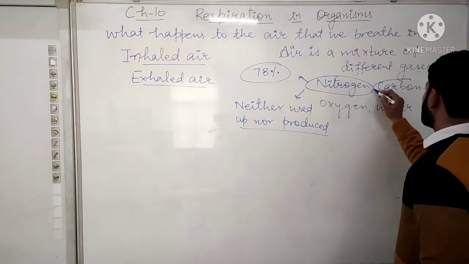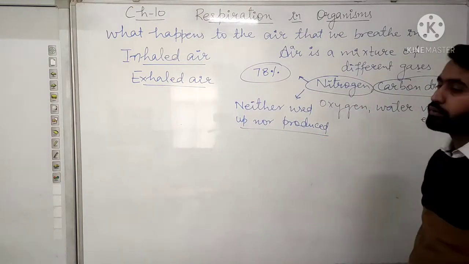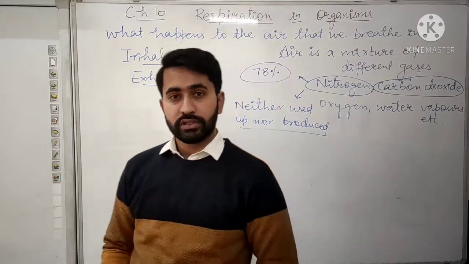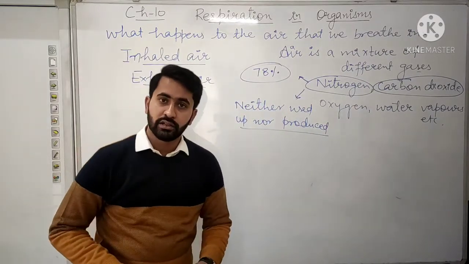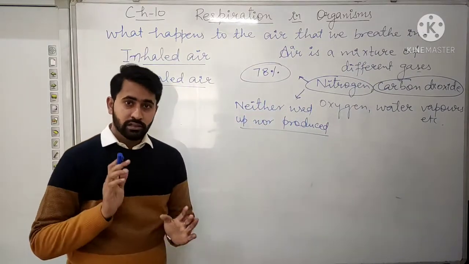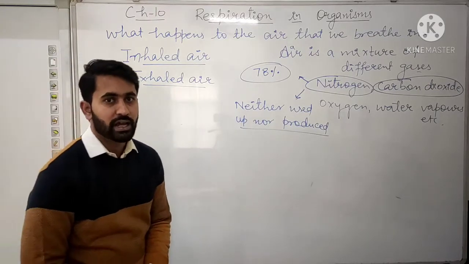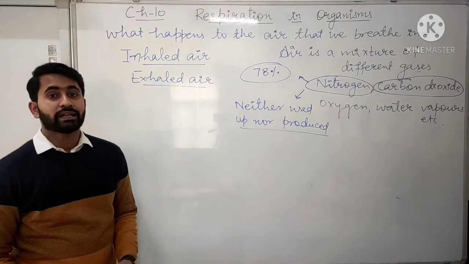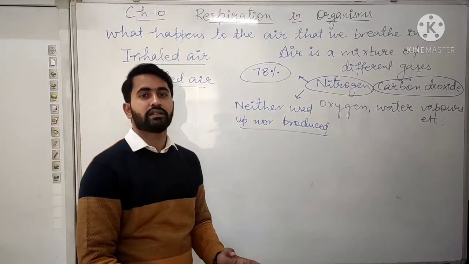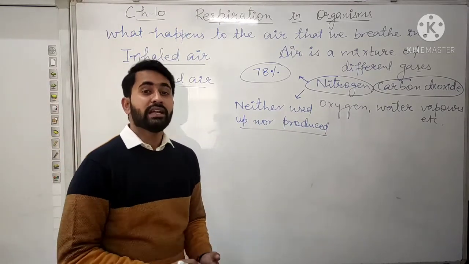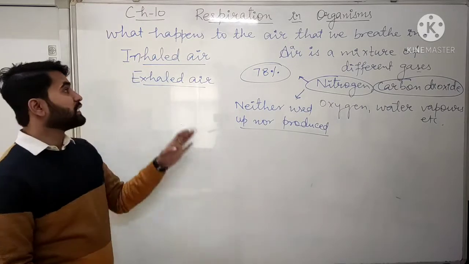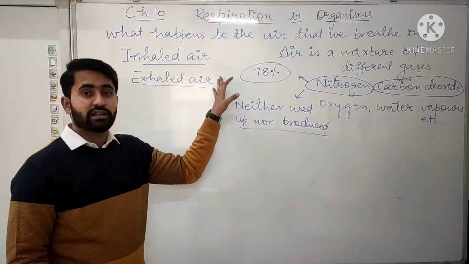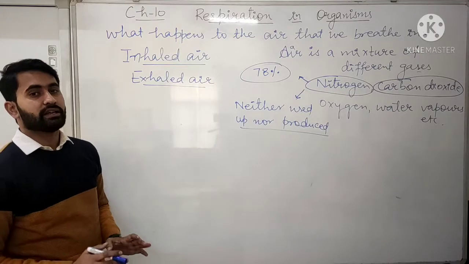Now carbon dioxide. We know that during the process of respiration, carbon dioxide is produced. It means that the amount of carbon dioxide in the exhaled air that we give out will be more than the carbon dioxide present in the inhaled air.